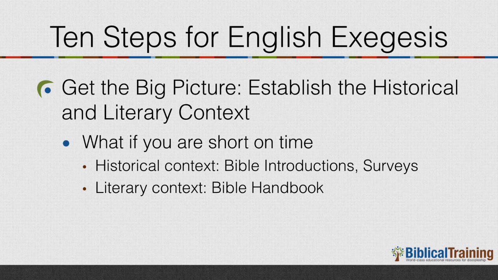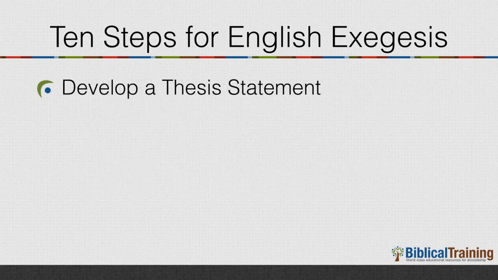All right, that is our second step to exegesis. Our first was to identify the genre or literary form. Our second is to get the big picture, get the overall message of the book by establishing the historical and literary context. Our third principle is to develop what I would call a thesis statement.